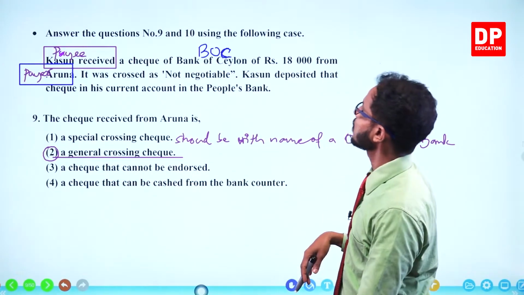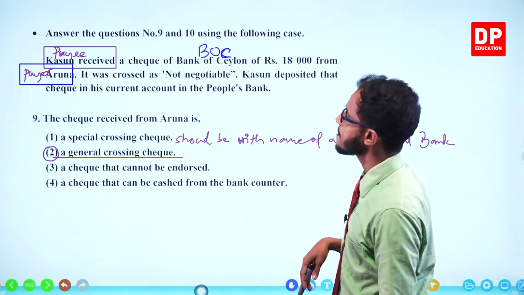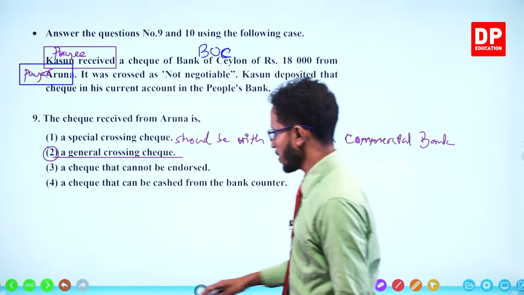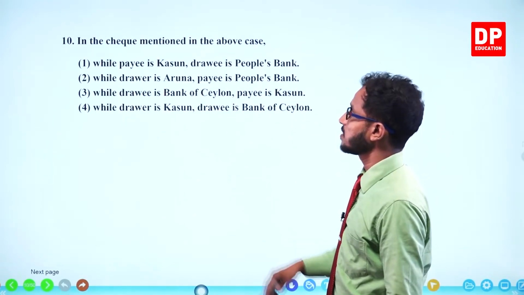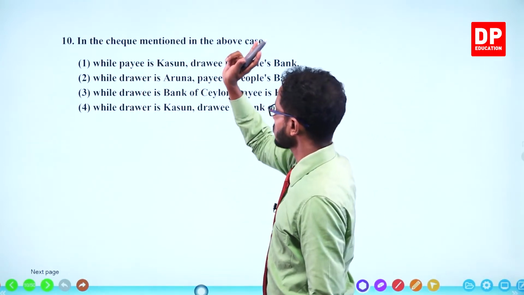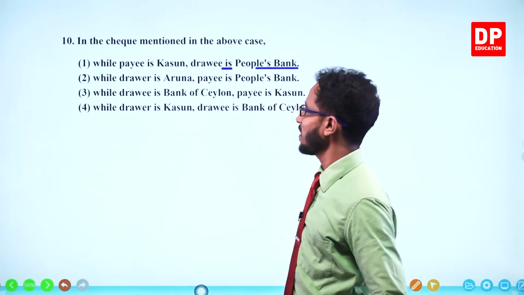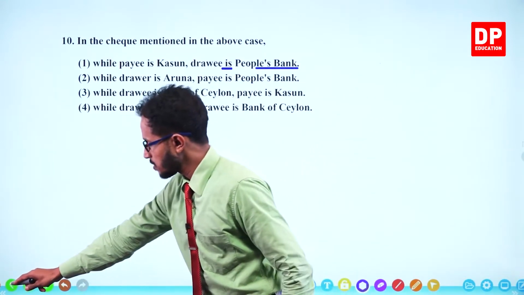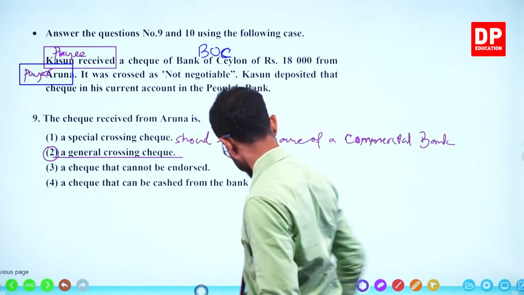Aruna is the payer. The question is asking, in the cheque mentioned above, the payee is Kasun, the drawee is People's Bank. Payee is Kasun. We already marked that. Payee is Kasun, so this is correct.